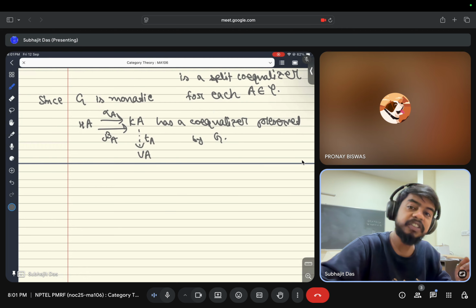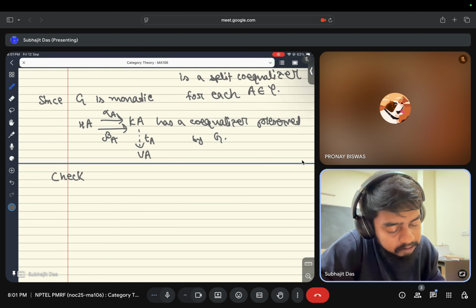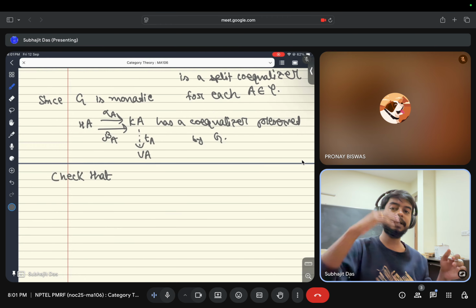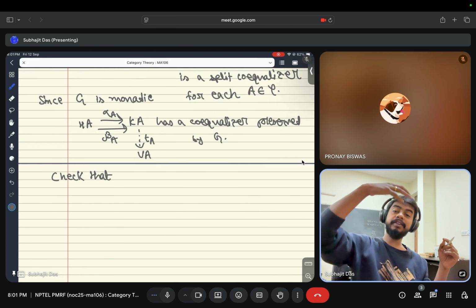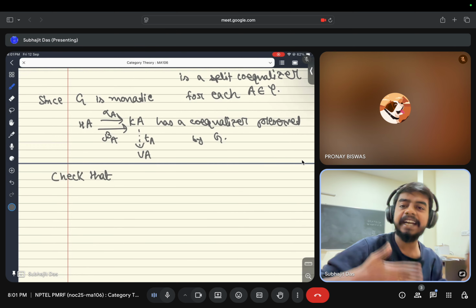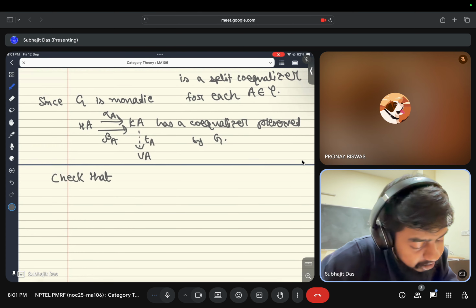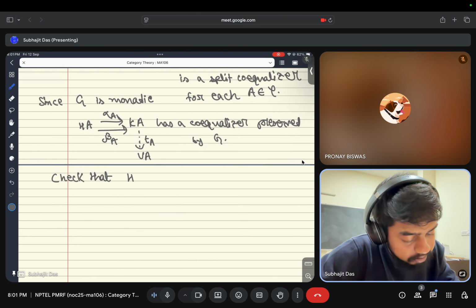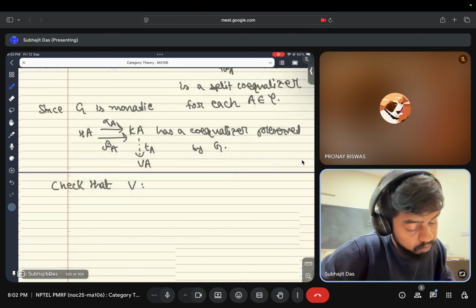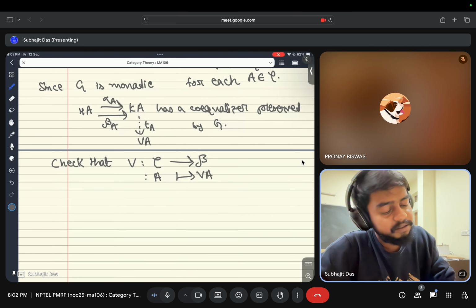That needs to be checked, right? So check that. Since everything is defined in terms of co-equalizers, universal properties, and co-limits in functor categories are computed object wise, you don't need to check it, but still check that V from C to B, sending A to VA, is functorial.